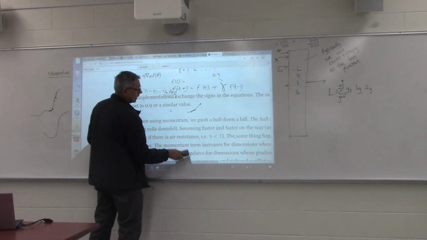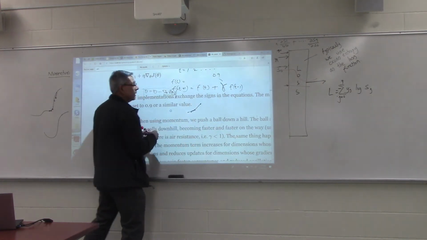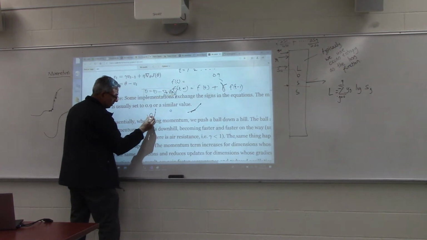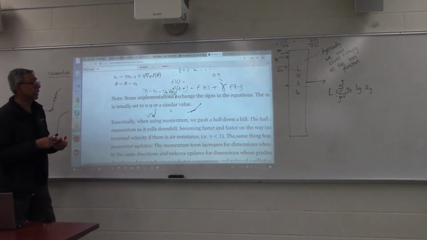But like I said, the downside is, because we are accelerating, if we had some situation like this, it may come down pretty fast, but then it may oscillate here a little bit.